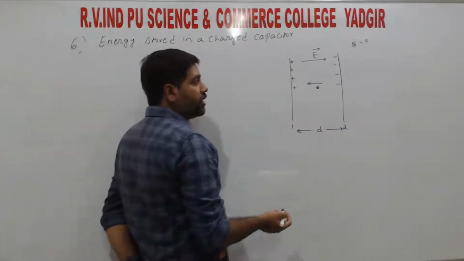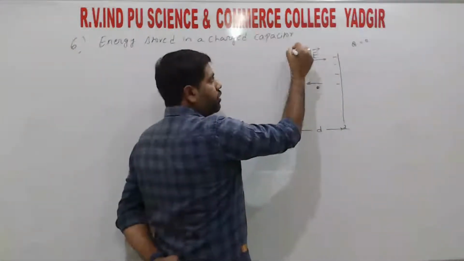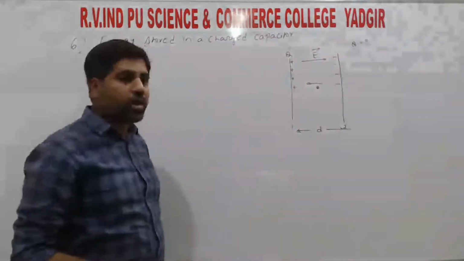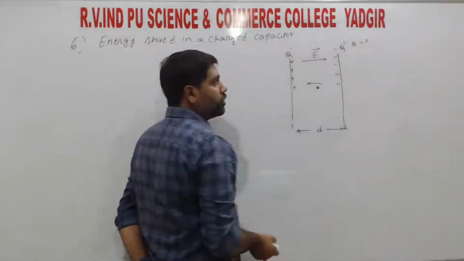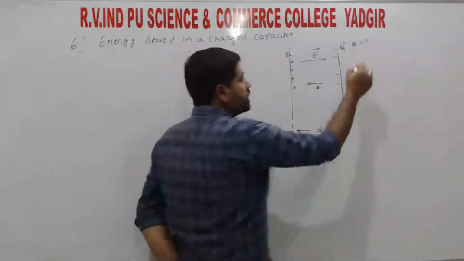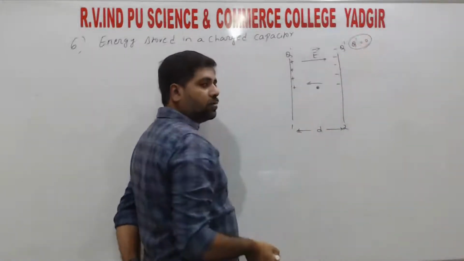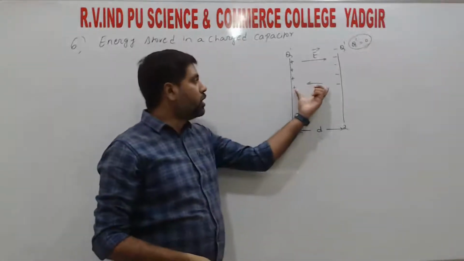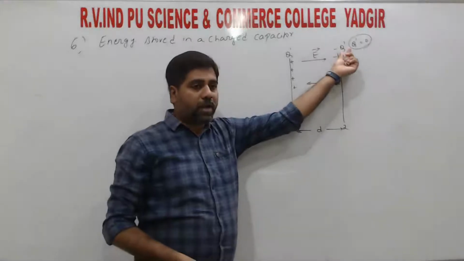Considering the intermediate situation, the charge on the first conductor is q dash and the charge on the second conductor is minus q dash, right? Initially the conductors were uncharged, so q dash was 0. After some time the charges on the two conductors become q dash and minus q dash.